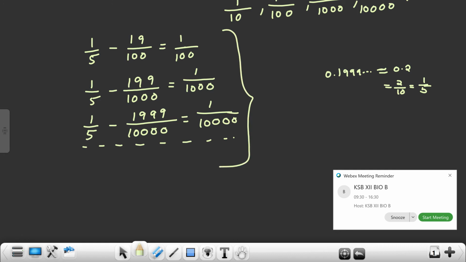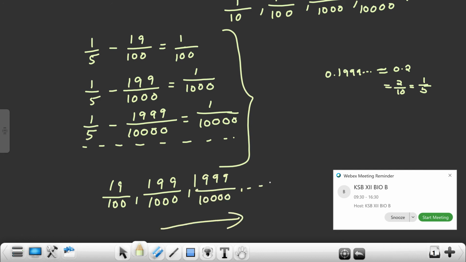From this we can see that 19 by 100, 199 by 1000, 1999 by 10,000, etc. get closer and closer to 1 by 5.